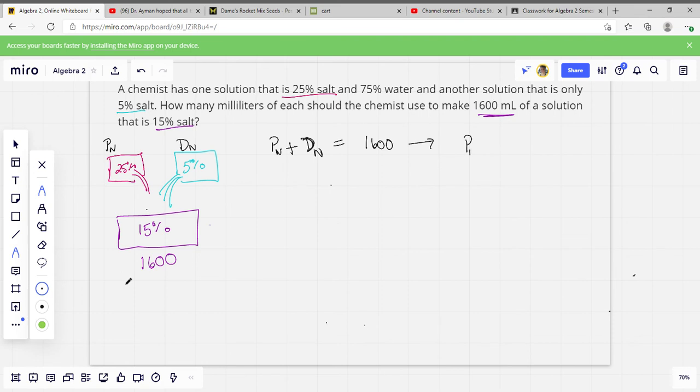So our pour number equals 1,600 minus our dump number. Okay, and we're going to change this to 0.25, change this one to 0.05, and change this to 0.15. Alright, so we're going to say 0.25 PN plus 0.05 DN equals 1,600 times 0.15.